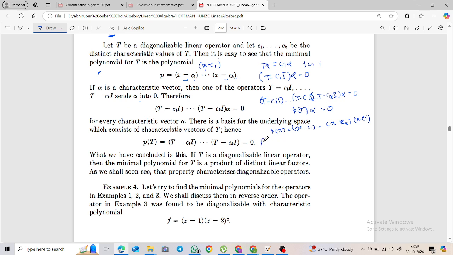Then P(T) becomes (T minus C1) ... (T minus Ck) into (T minus Ci). So what is P(T) alpha? This is this into alpha, and this part is 0, isn't it? (T minus Ci) alpha is 0 by this. So this whole thing is 0. So P(T) alpha is 0. Okay.